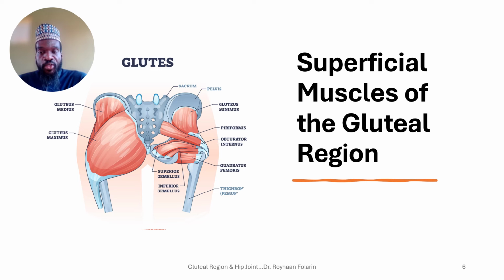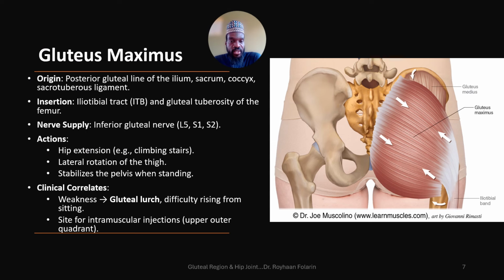So going more into the superficial muscles of the gluteal region, as mentioned, the gluteus maximus is readily seen exteriorly here. And then you have the gluteus medius, and then we'll be exploring the gluteus minimus as well as the tensor fasciae lata. The gluteus maximus arises from the posterior gluteal line, which you have on the ilium, right?